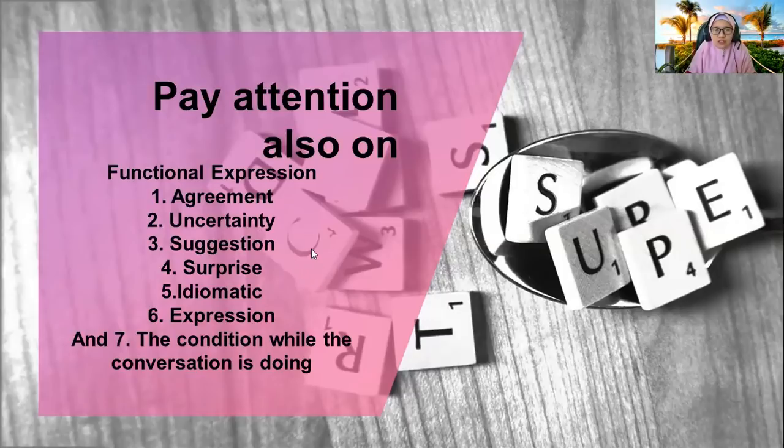The functional expression here includes agreement, uncertainty, suggestion, surprise, idiomatic, expression, and then the last, the condition while the conversation is going on. So you have to pay attention to the 7 items here when you are going to listen, especially for the TOEFL listening.